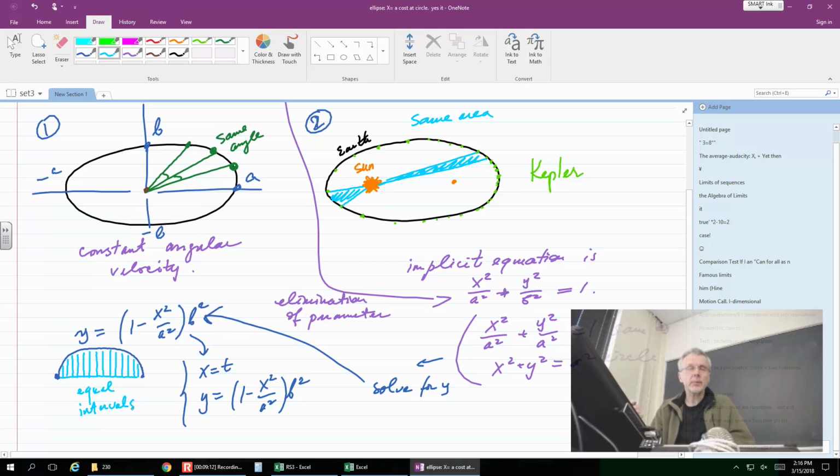In other words, we're simply progressing horizontally at the same speed. Whatever happens with y is given by the other formula, but horizontally we're moving at a constant speed. So constant angle per unit time for number 1, constant area for the second, for Kepler, and this is constant horizontal progress.